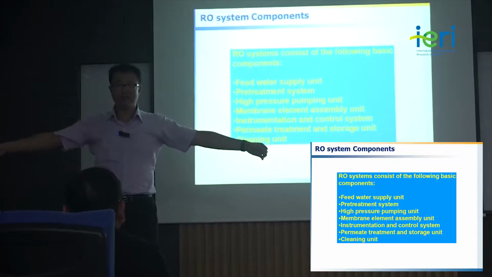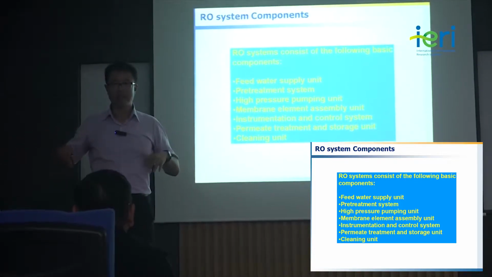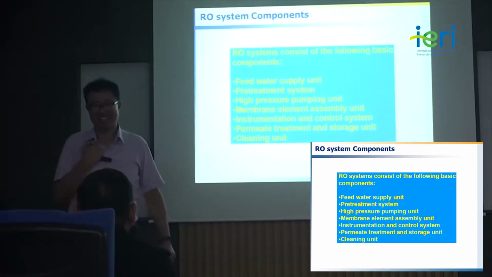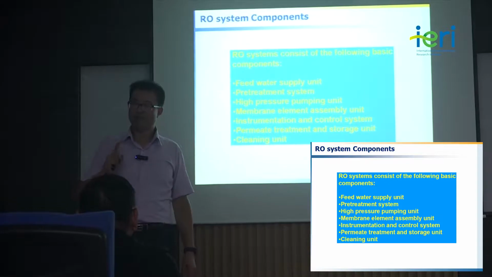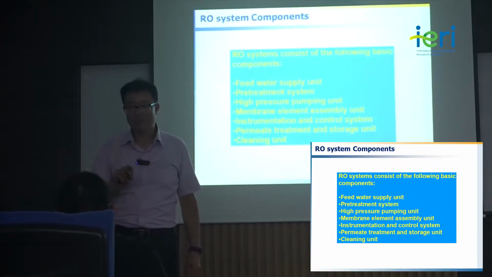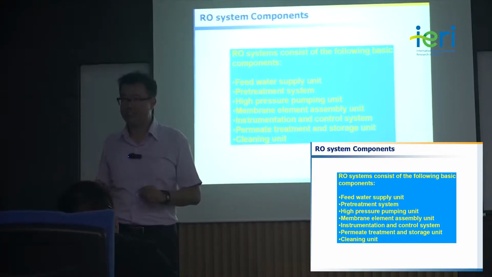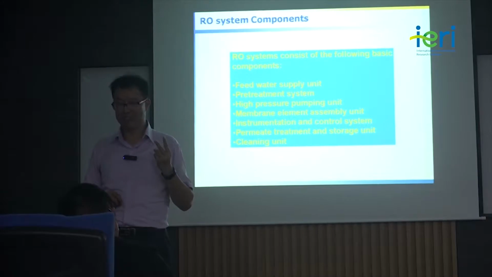You mean the membrane? Yeah, the membrane. So you should clean the membrane regularly. Every 2 weeks? No, that's my mistake. Maybe once every month, or twice. The ideal case is once or twice every year.